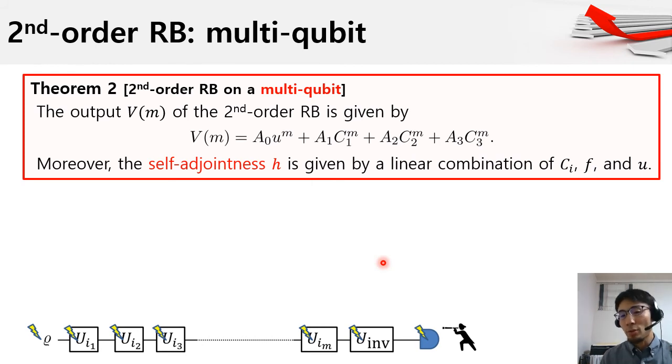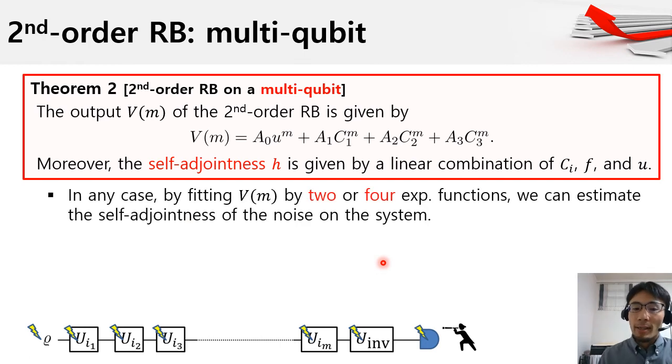So we just do the same procedure. We fit the experimental data by 4 exponentially decaying functions, and from that, we can estimate the self-adjointness of the noise. So in any case, by fitting the experimental data by 2 or 4 exponential functions, we can estimate the self-adjointness of the noise in the system.